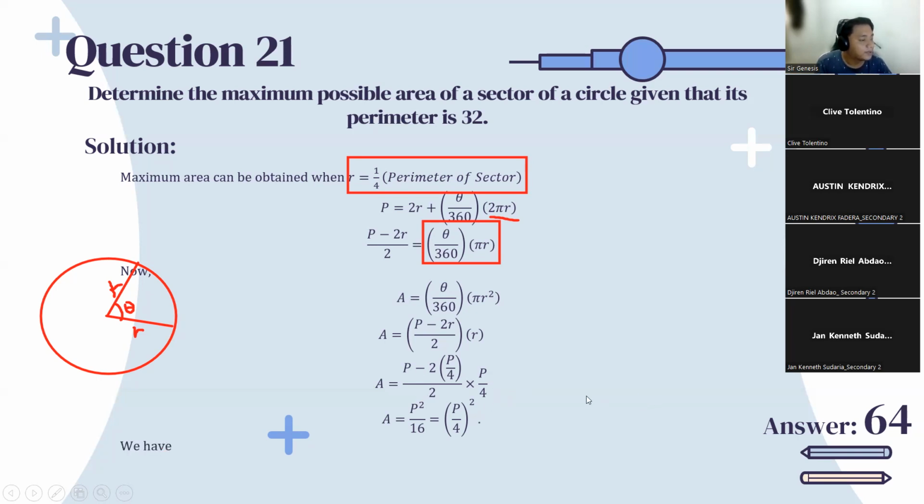So you can use both. Now we have maximum area will just be p squared over 16 or p over 4 quantity squared, which is equal to the given perimeter 32. 32 divided by 4 quantity squared, that will be 8 squared or 64. So the answer for number 21 is 64.